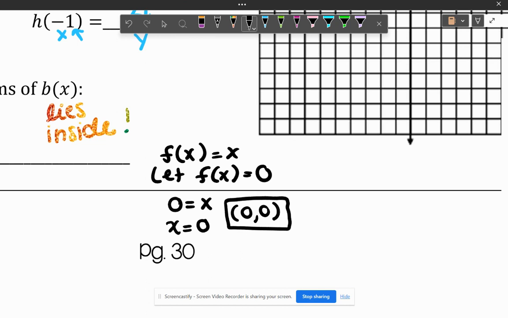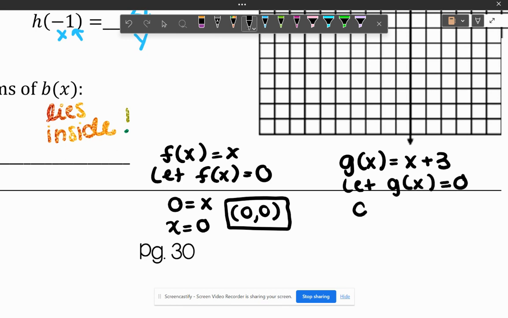Make sense so far? Now we're going to look at this function g of x is equal to x plus 3. We're going to do the same thing. Let g of x equal 0. Well, what is your x value equal? You guys know how to solve a one-step equation like this. Well, x is equal to negative 3.